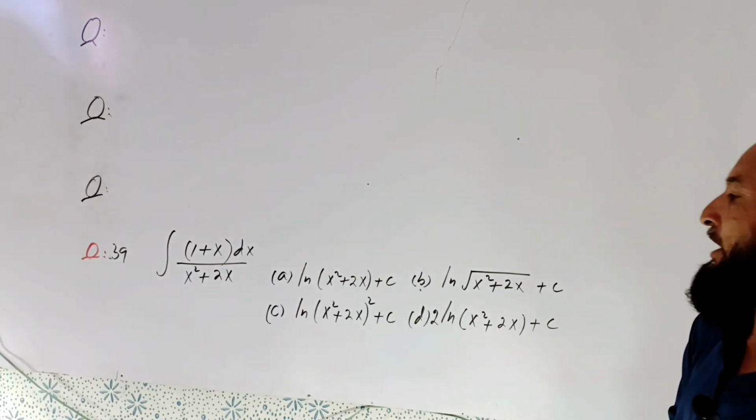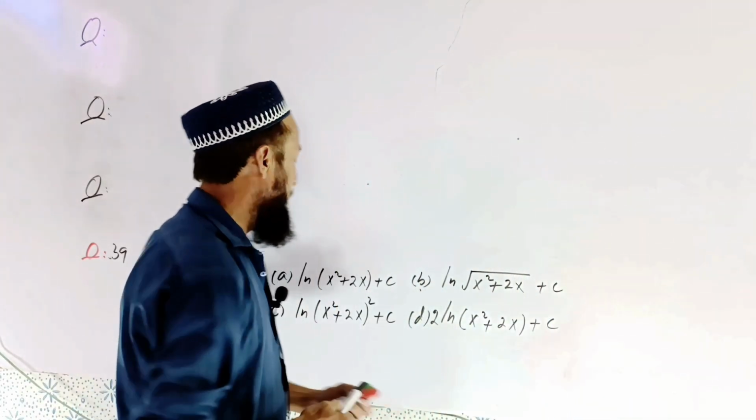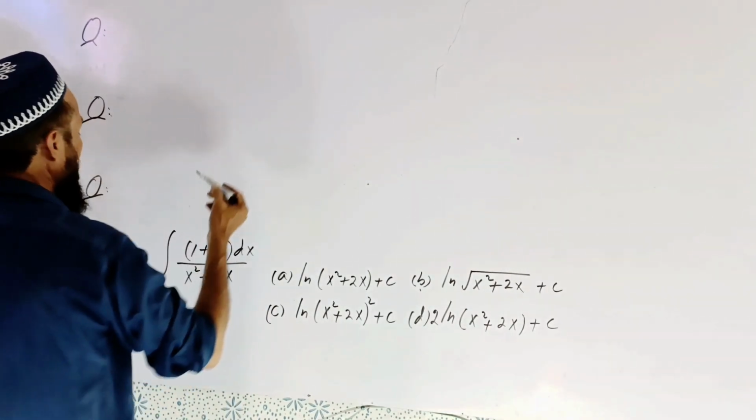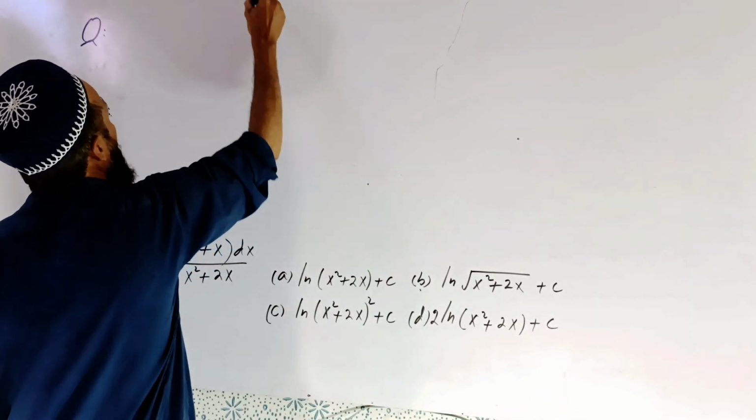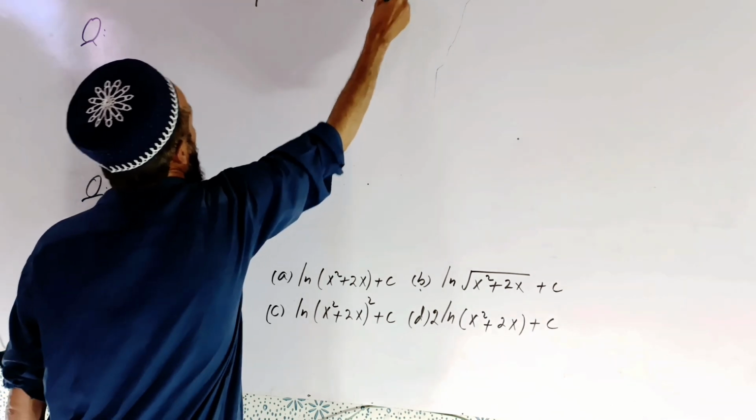Integration of 1 plus x divided by x square plus 2x dx. Again we are using the substitution method. Look here, we put x square plus 2x equal to t.